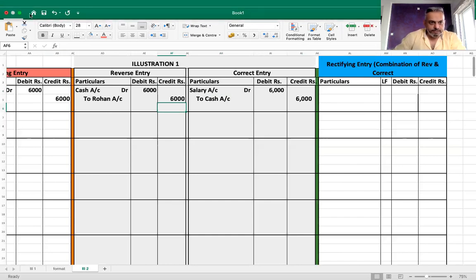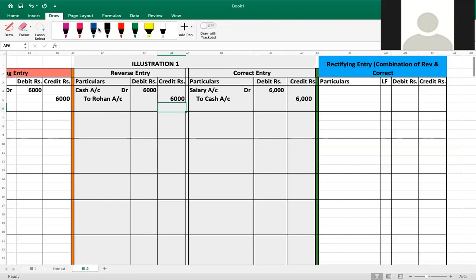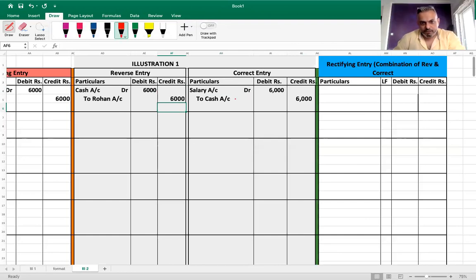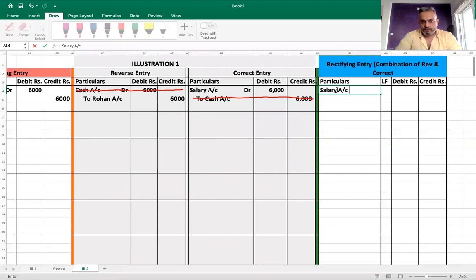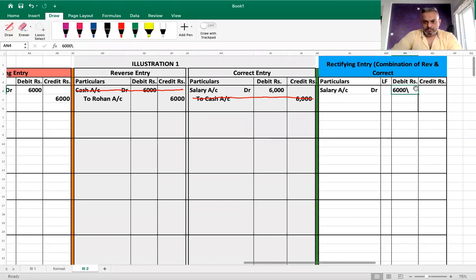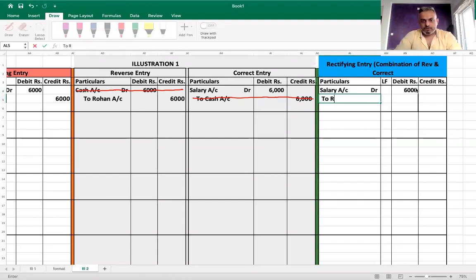So उठा लो पेन और Cash. कैंसल कैंसल खेलते हैं. नाउ कैंसल करेंगे. कैश अकाउंट डेबिट 6,000, कैश अकाउंट क्रेडिट 6,000. लेट्स कैंसल कैश अकाउंट डेबिट देन कैश अकाउंट क्रेडिट कैंसल. सो क्या रह गया हमारे पास? हमारे पास रह गया सैलरी अकाउंट डेबिट 6,000 to Rohan account.